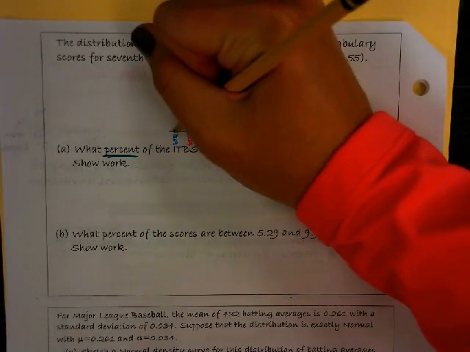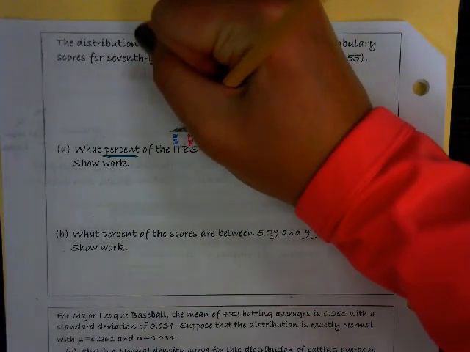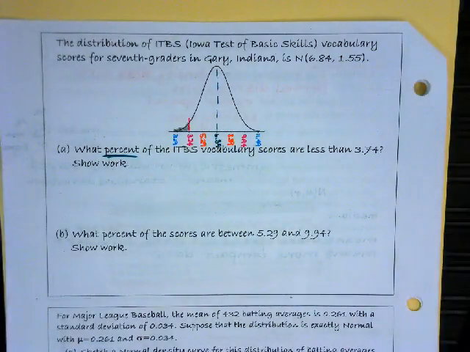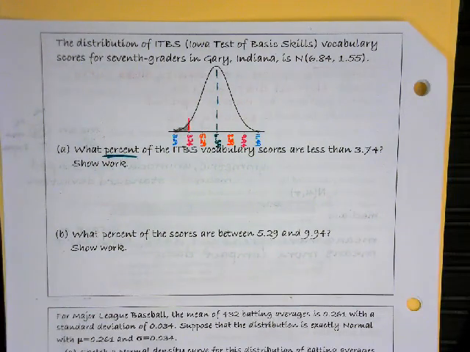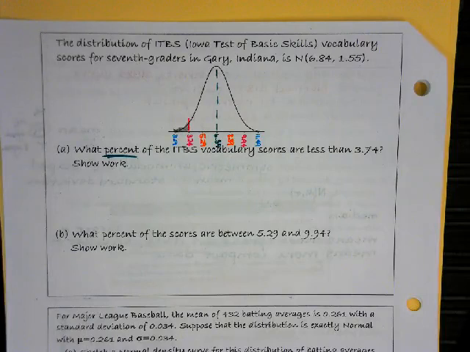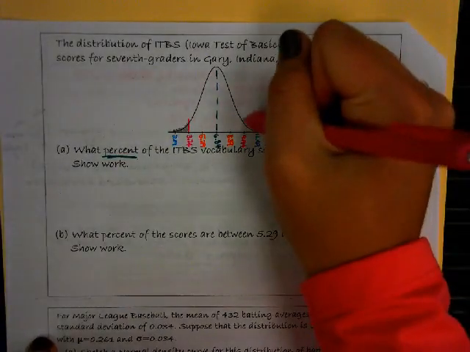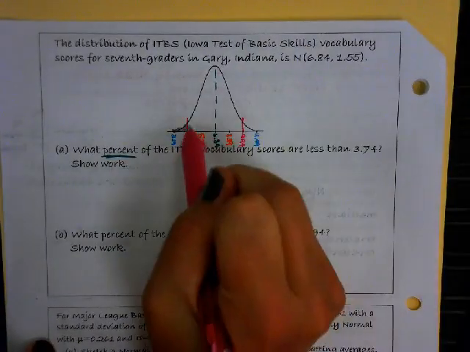Alex? I expected you to get it, because you're the one that pointed out that between these two, I have 95%. That means there's 5% on the two ends.